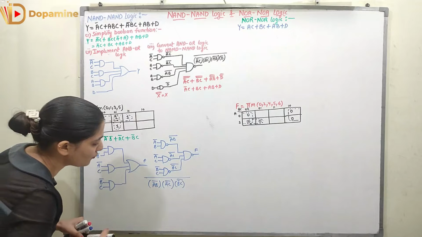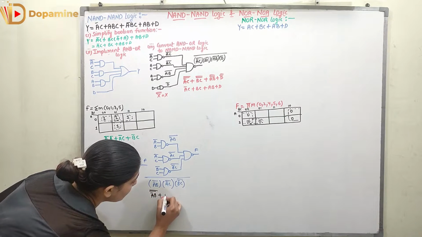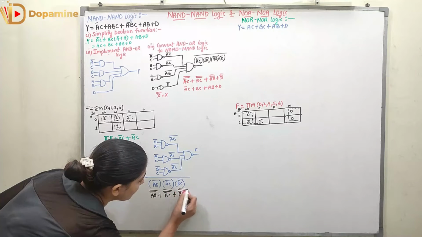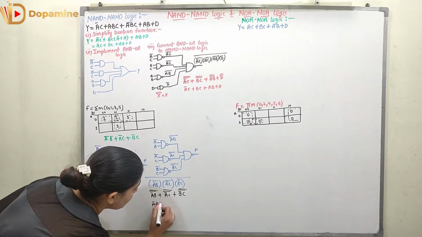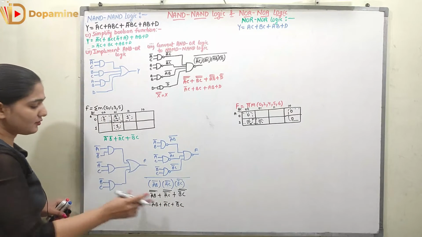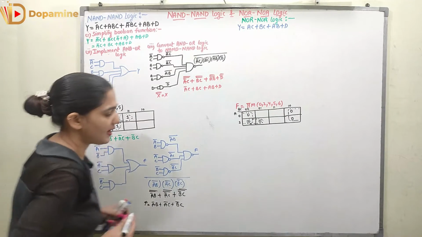So again I can use De Morgan's law. I will be getting A bar B double complement plus A bar C double complement plus B bar C double complement. I will get A bar B plus A bar C plus B bar C. Right, so this is how you can simplify and you can get the same function using the NAND logic.